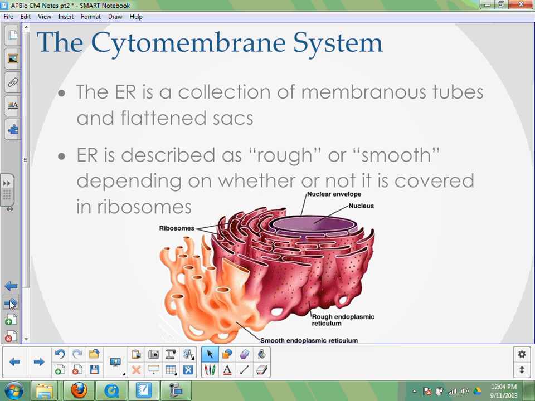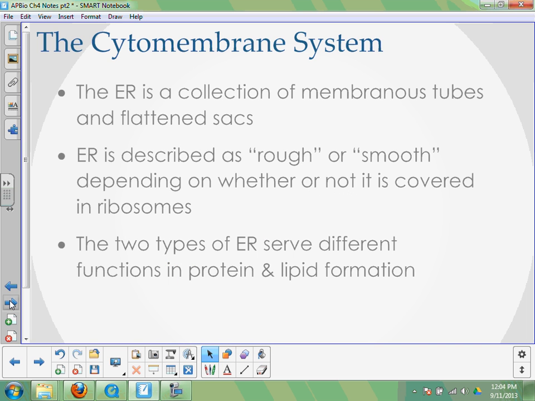And that's not just a cosmetic difference. It's actually a functional difference. The portions of the ER that are covered with ribosomes are more involved in protein formation, and the ones that are not covered in ribosomes are more involved in modifying lipids. So, 2 different types of ER, 2 different functions, protein formation and lipid formation.